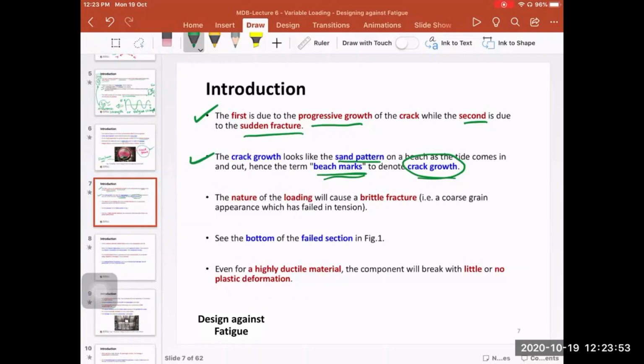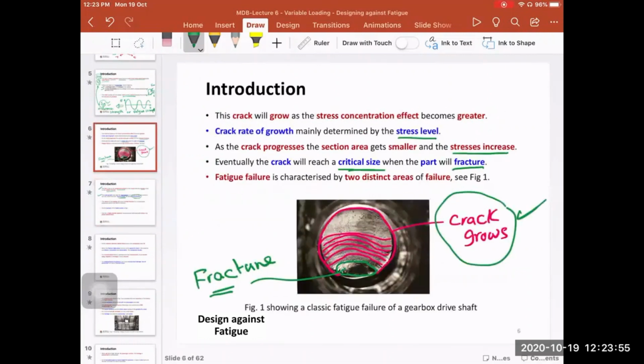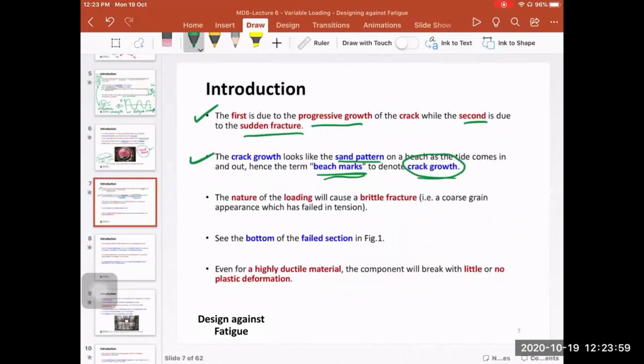So for the second part, this fracture part, the nature of the fracture is going to be brittle fracture. It is going to be a sudden and catastrophic fracture towards the end of the crack propagation.